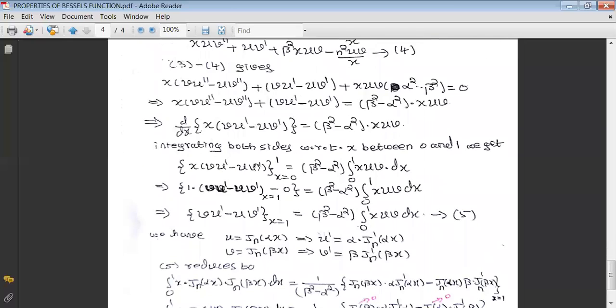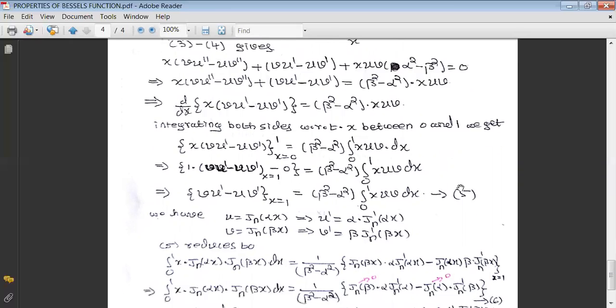That's why in this one also we have to take the upper limit x equal to 1, minus, when you take x equal to 0, 0 into something results in 0. And RHS is beta square minus alpha square, integration from 0 to 1 of x u v dx. Now 1 into this is this, and we have to take x equals to 1 for that, and we keep RHS as it is. Now let us take this one as equation 5.